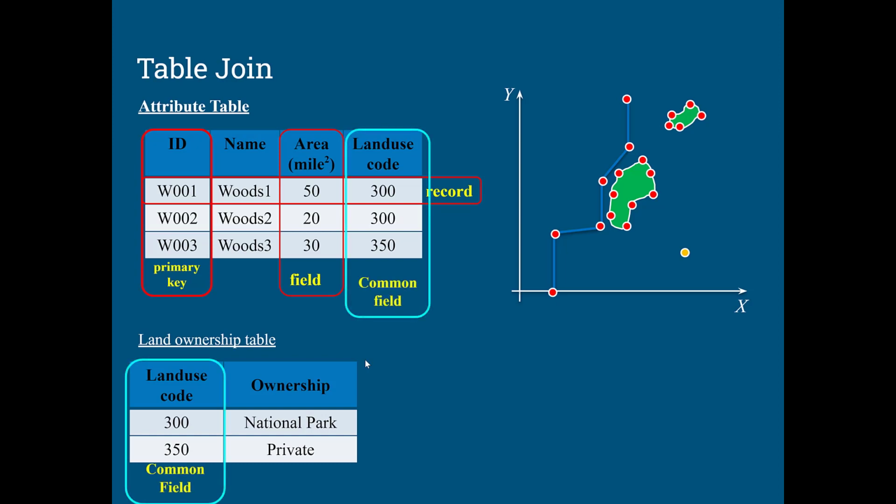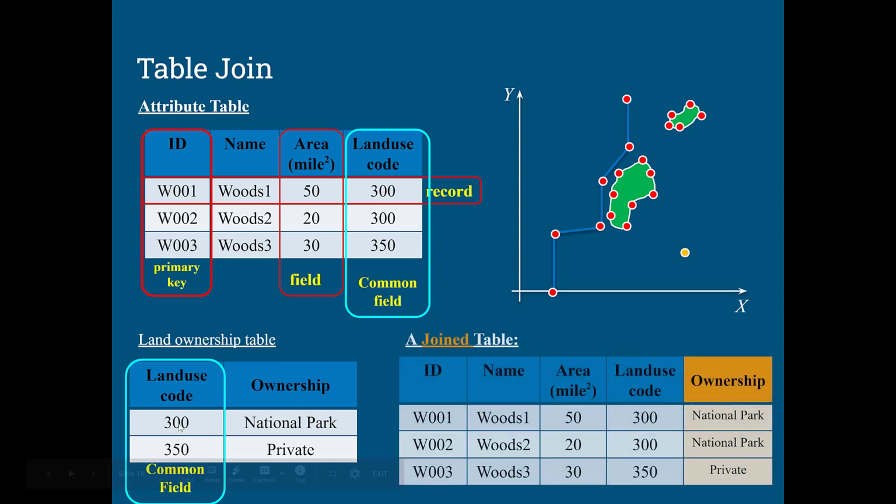So how do we do that? As you can see here, this field, land use code, is shared by both tables, right? 300 means national park, and 300 is related to these woods. Here's an idea: I can, based on this code, populate the records, each row here, to this target attribute table.